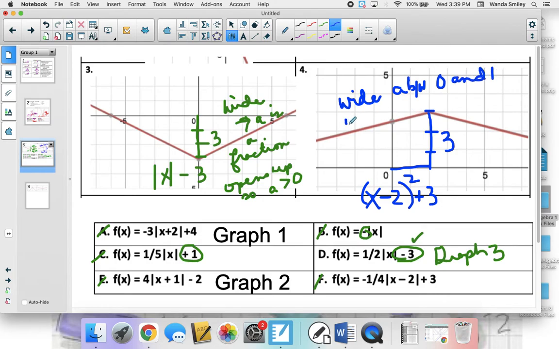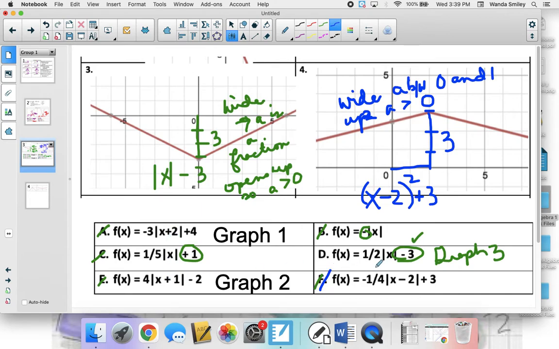And it opens up, so A is greater than 0. Okay? So we're looking again for positives, and we have x -2 plus 3, so we can eliminate F because that has a negative.